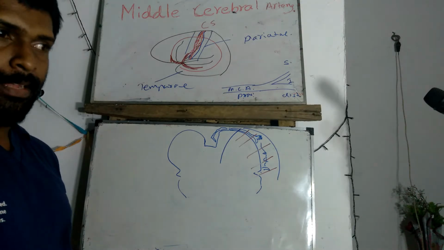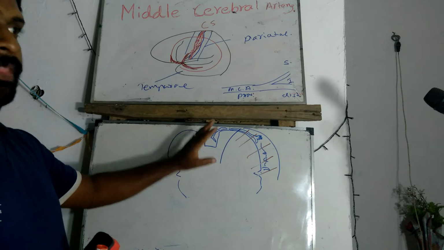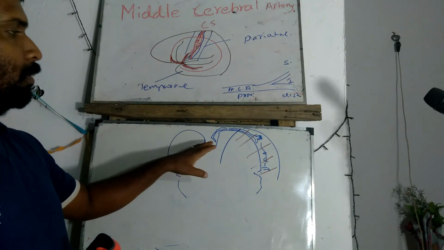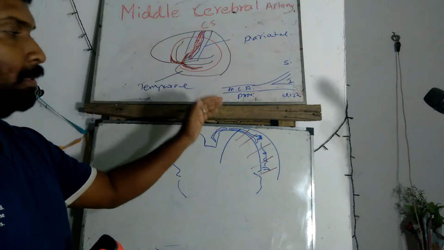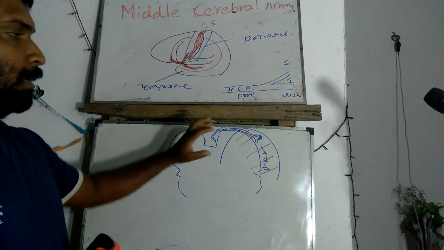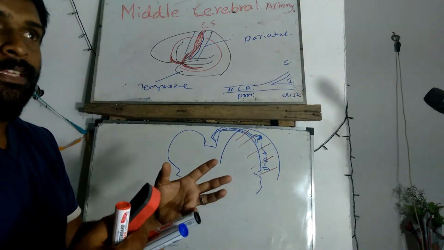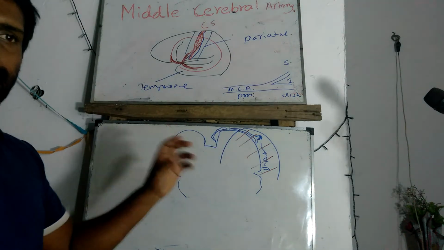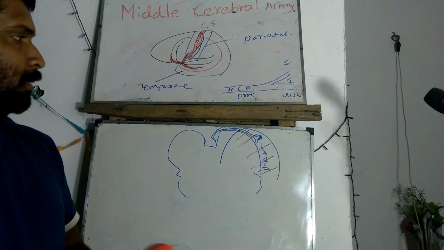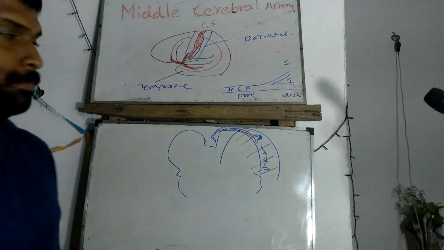This area can be damaged. The lower limb, sometimes with middle cerebral artery damage of the contralateral side, some form of leg movement, voluntarily he can do. That's some form of major point to identify the patient having middle cerebral arterial damage.